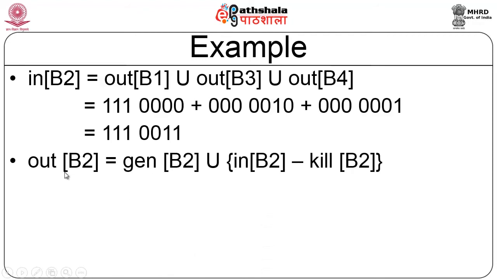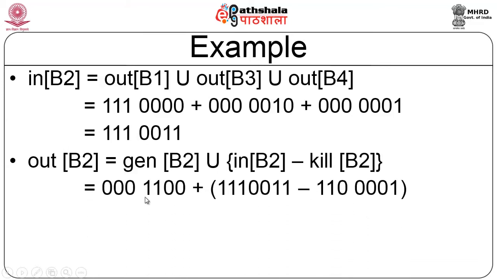Now, out of B2 will be gen of B2. I am talking about only one situation, inside block B2 inside the loop. So, here initially out of B1 is gen of B1 etc. Now, out of B2 will be gen of B2 union in of B2 minus kill of B2. Now, this is what is in of B2.